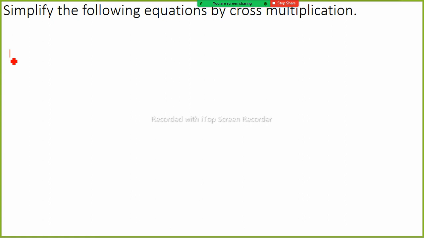The first one is k over 4 equals 9 over 6.